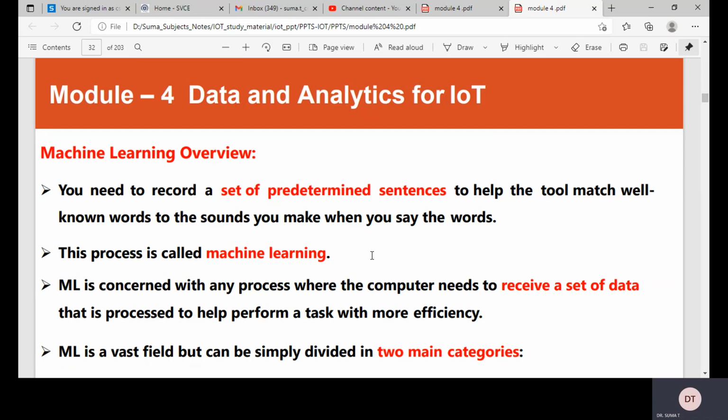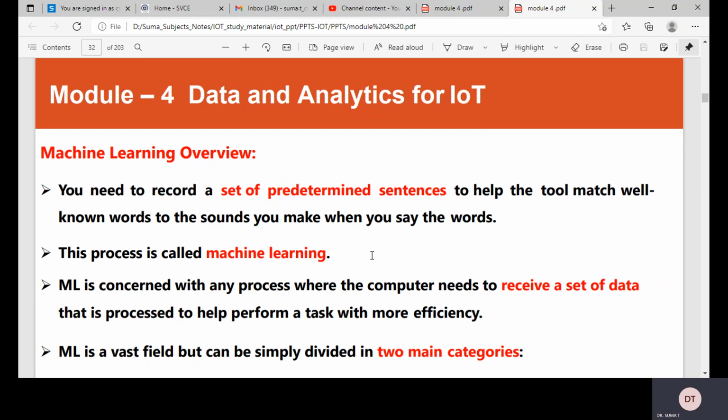This program is configured to recognize the audio pattern of each word in a dictionary, but it does not know your voice specifics: your accent, tone, speed, and so on. You need to record a set of predetermined sentences to help the tool match well-known words to the sounds you make when you say the words. This process we call machine learning.